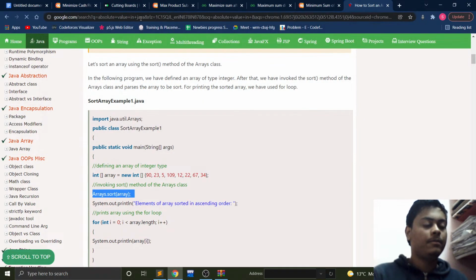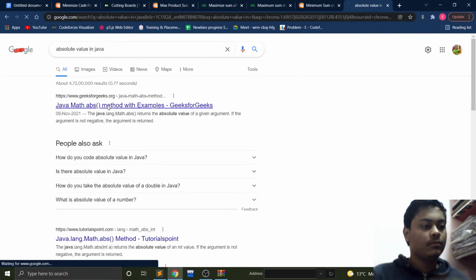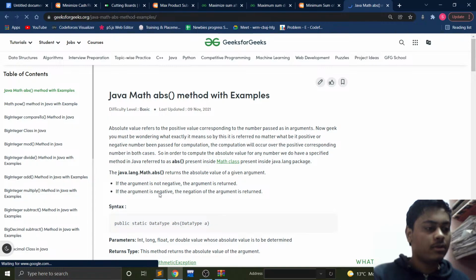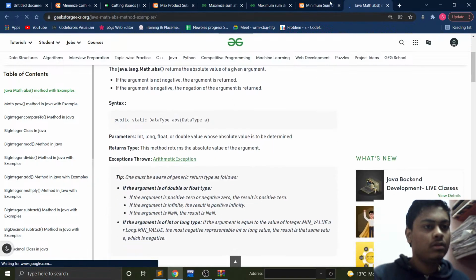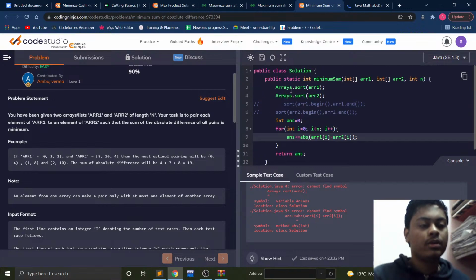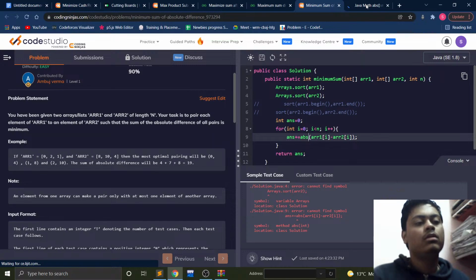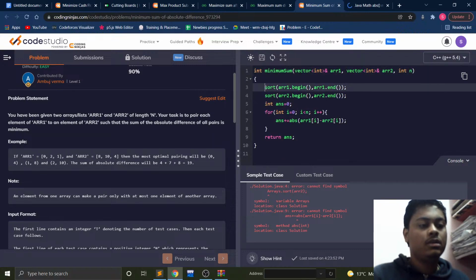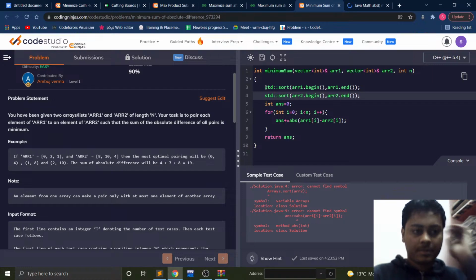Absolute value in Java. Math dot absolute, right? Import, is it this? Should I give it standard scope namespace something? Absolute also math.